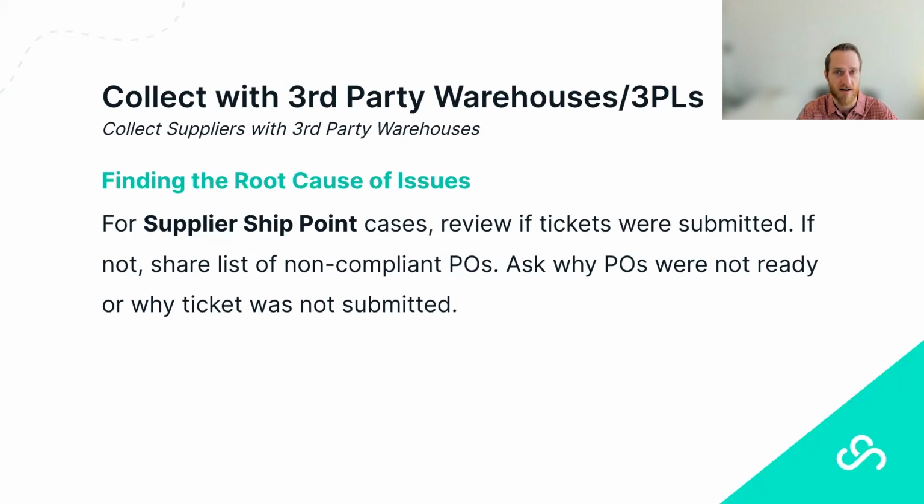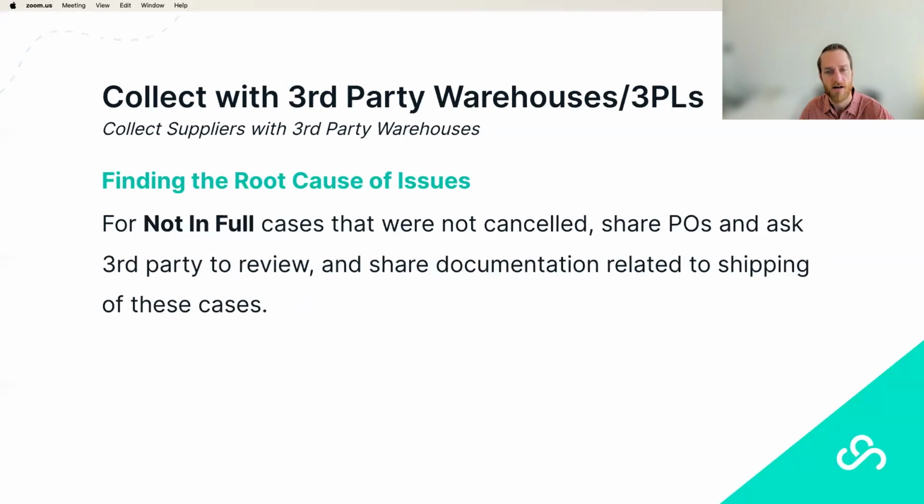That can happen by exporting the data out of the OTIF scorecard app and Retail Link, and sharing the list of POs that had supplier ship point so that you can start the conversation and try to figure out what happened on these POs. Was it truly our fault? Do we need to make a process change here to avoid this going forward? So that is a common scenario with supplier ship point.